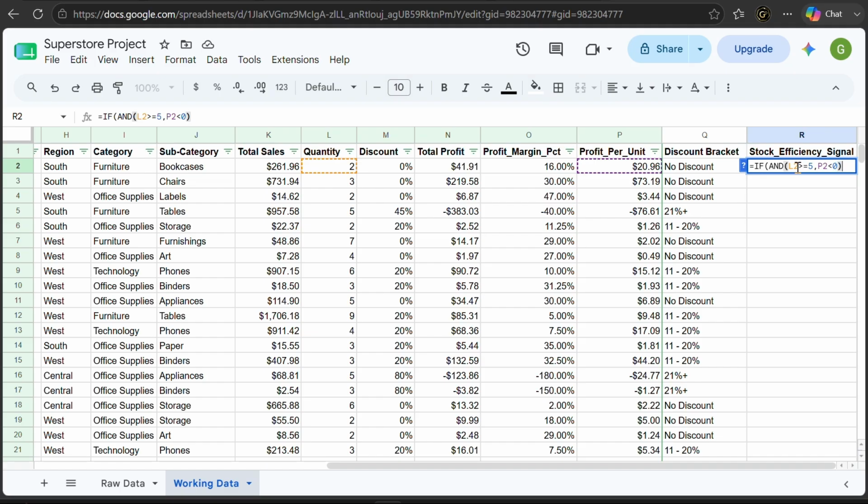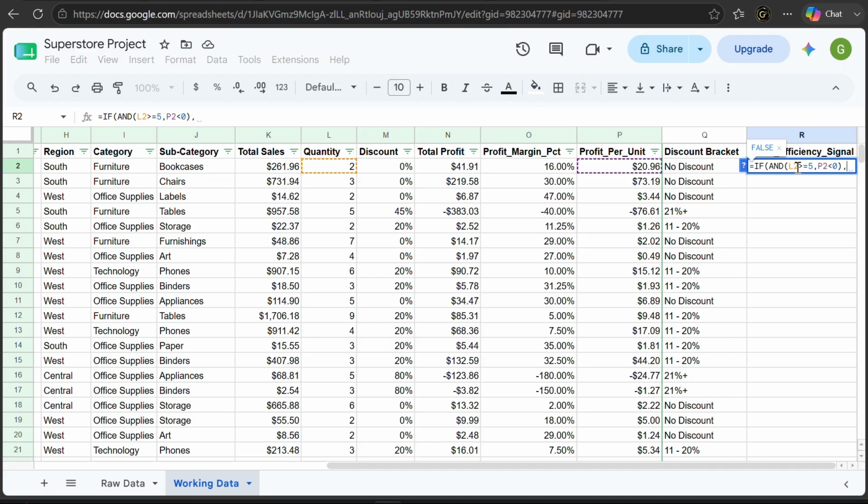Now this is the very first case, because column P is the profit per unit, L is the quantity sold. If you're having high quantity sold and your profit is less than 0, probably negative, that is a very serious problem for business, because it simply means that the more quantity you sell, the more money you end up losing.